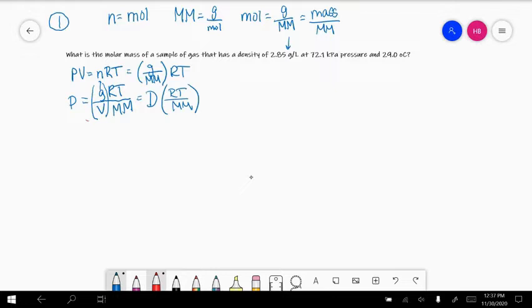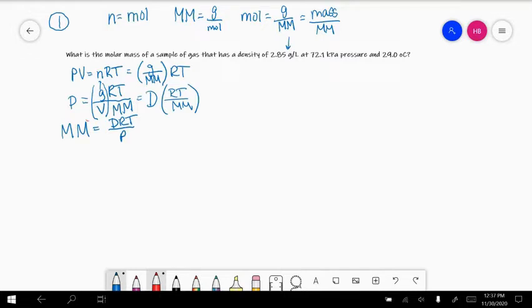So molar mass, I'm just rearranging the equation now, is dRT over P. That's the derivation of our molar mass formula: molar mass kitty puts dirt on top of P.